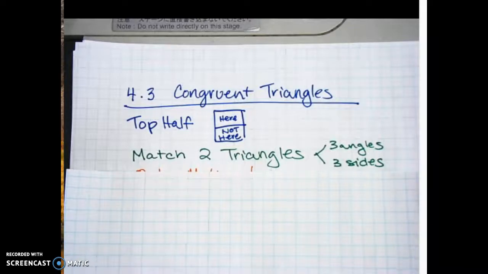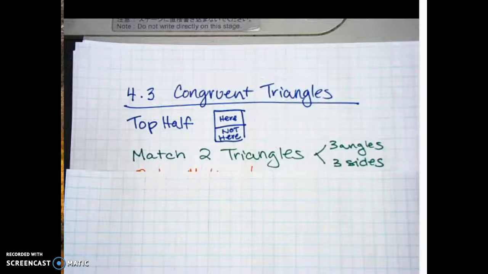You're going to match all three angles, and you're going to match up all three sides. Basically, triangles have 6 parts, and if all those 6 parts are congruent, then the two triangles are congruent. If one thing is amiss, then they are not congruent.